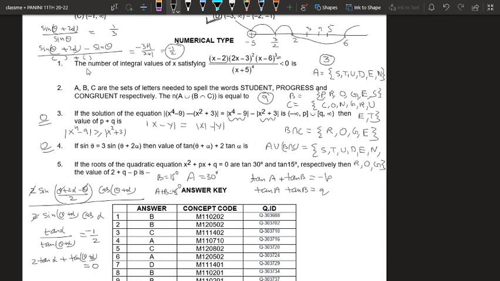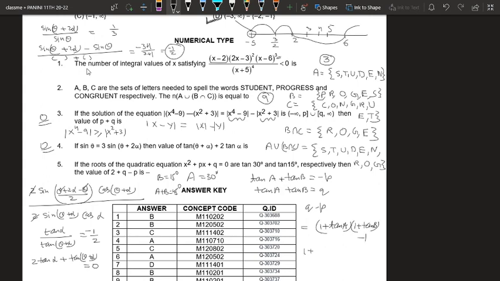Now what is q minus p? If we add both of them, q minus p is tan a plus tan b.